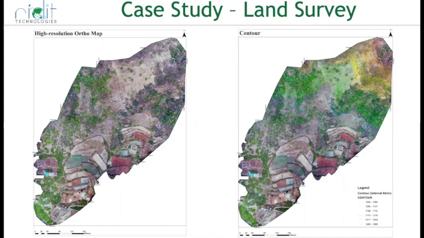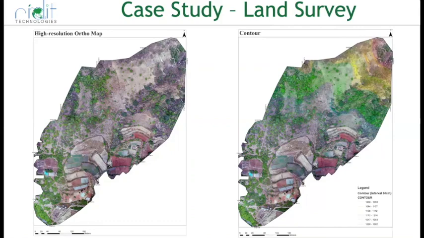The remaining 65% was not accessible. As I mentioned, we can capture the data without accessing the entire area physically, so we can just be at one place and capture the data. That way we captured the entire area, even the parts that were not accessible.